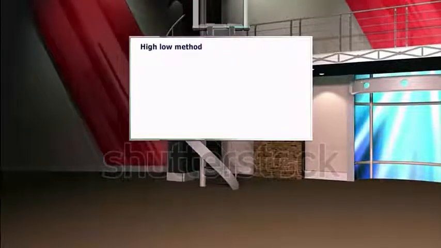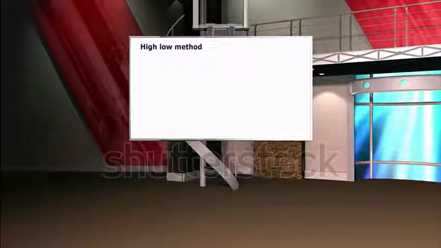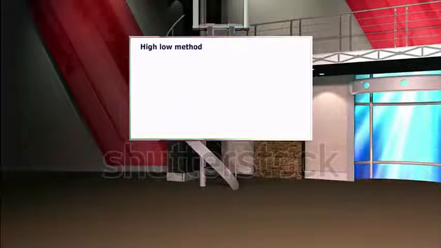The first method we have to calculate the fixed and variable elements of a semi-variable cost is the high-low method.